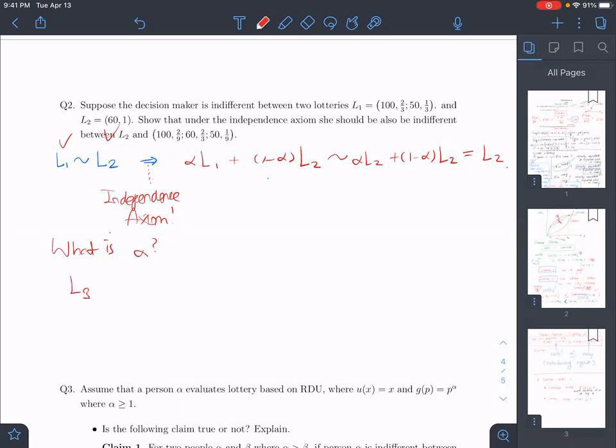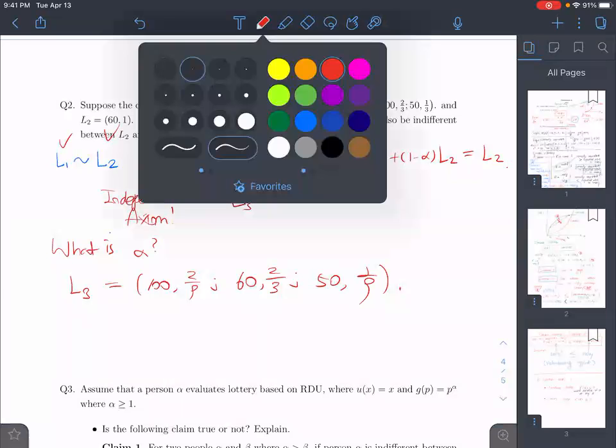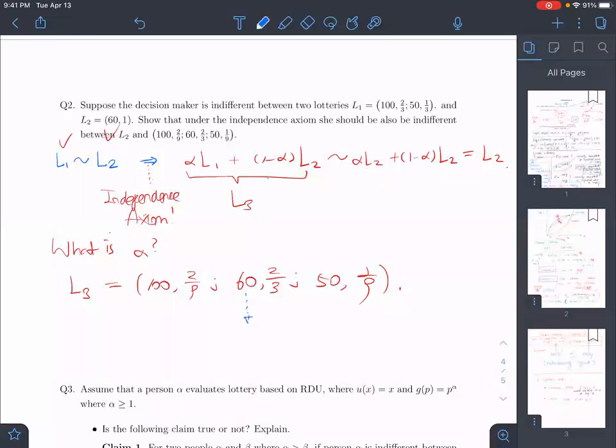So look at that, L3 is 100 with 2/9, 60 with 2/3, 50 with 1/9. So in the end, we are making this L3. If I mix L1 and L2, you can see that this outcome is in L2, and the probability for this one became 2/3.